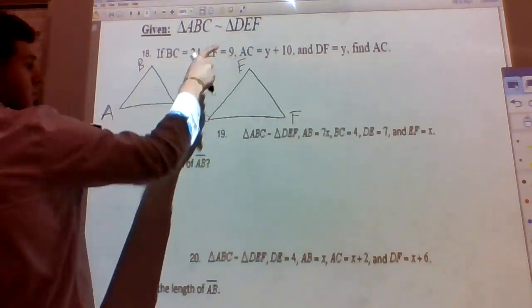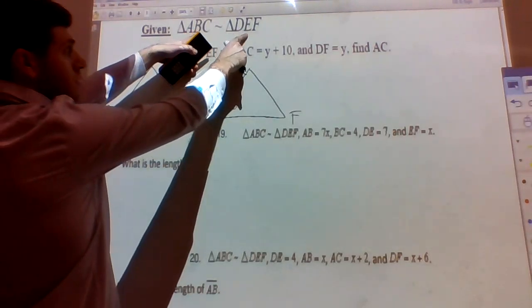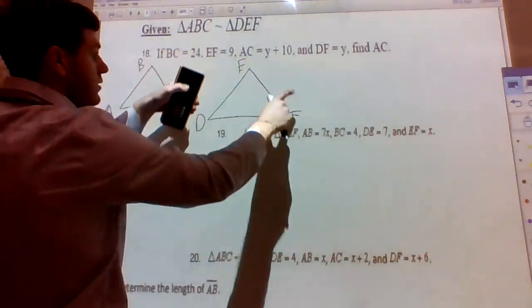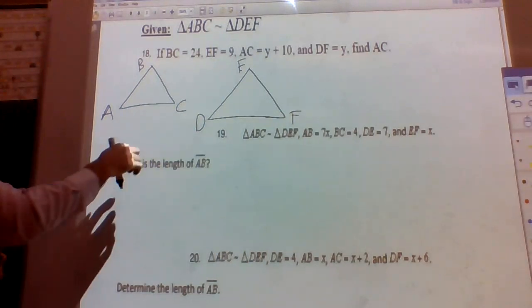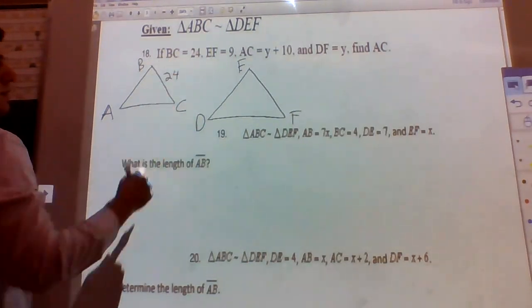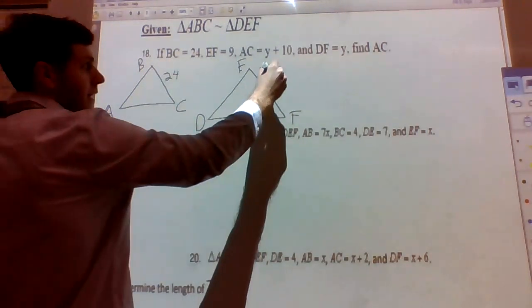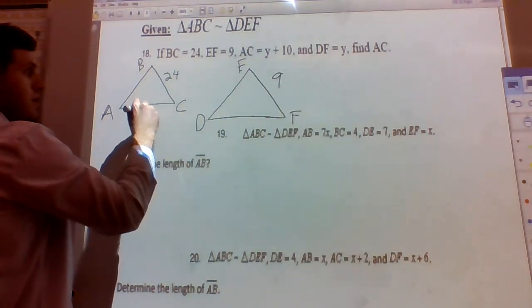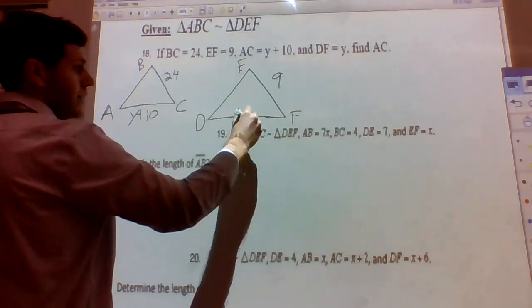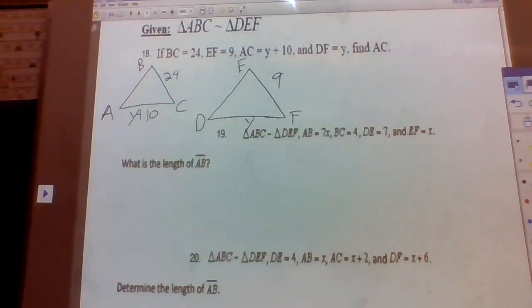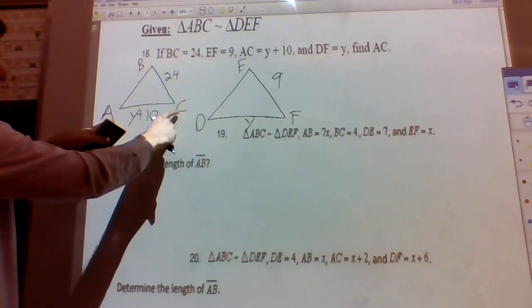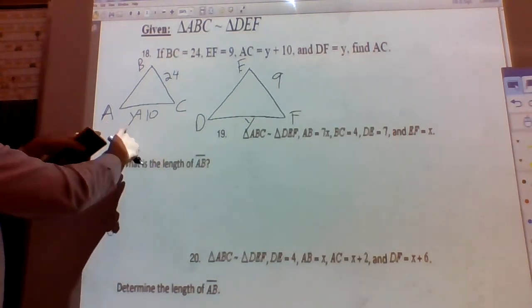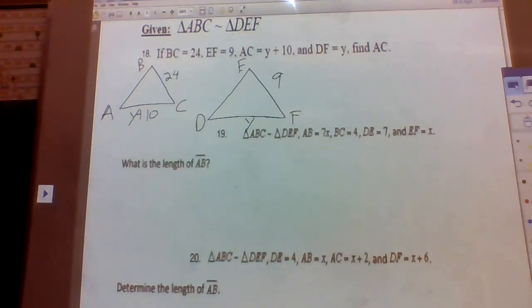A is going to correspond with D, B is going to correspond with E, and C is going to correspond with F. BC is 24, EF is 9, AC is y plus 10, and DF is y. We want to find AC, so we want to find y and then substitute it back in to find the length.